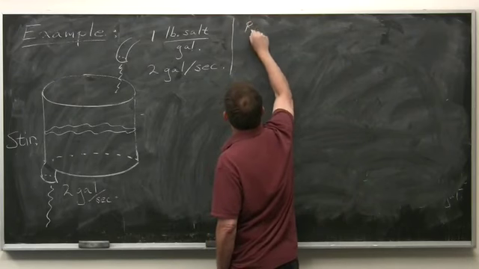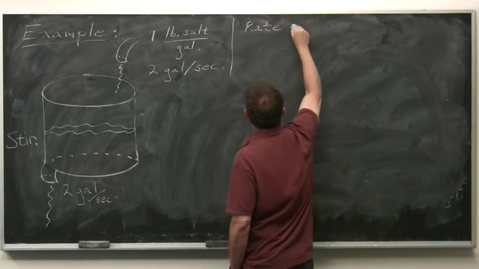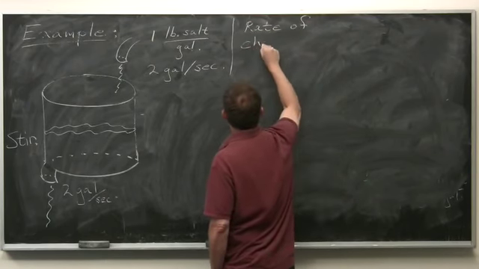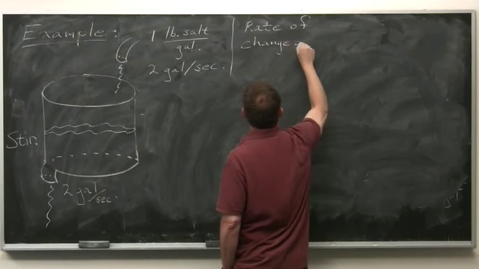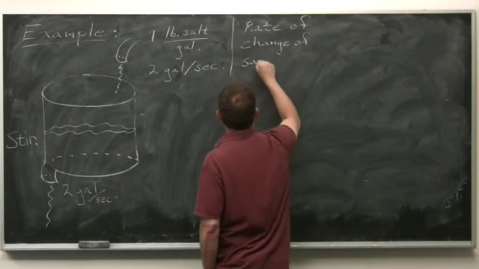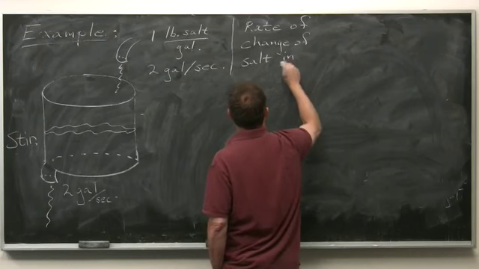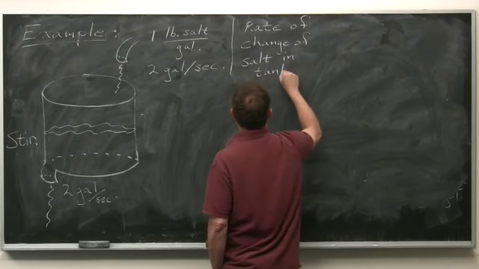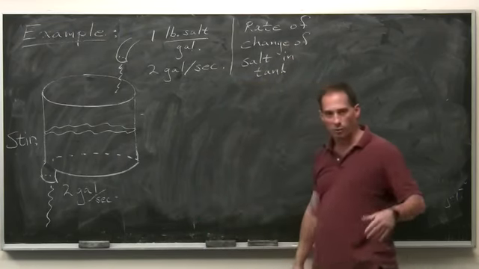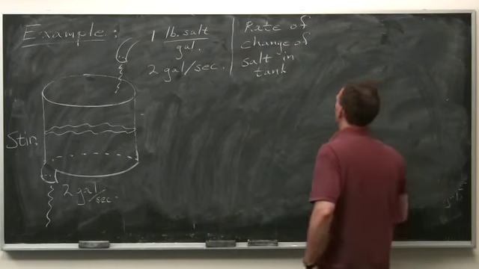You write the rate of change of salt in tank. I'm leaving out the word "the," and I'm writing salt when I mean pounds of salt, just to not write as much.